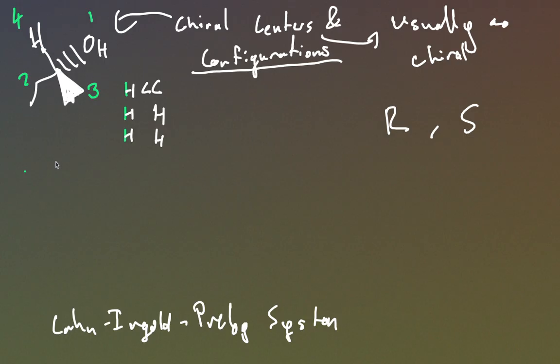So we're going to rotate everything this way. And in this particular example, then you end up getting hydrogen here, wedge oxygen here, and then you end up getting a methyl, and then you end up getting an ethyl.